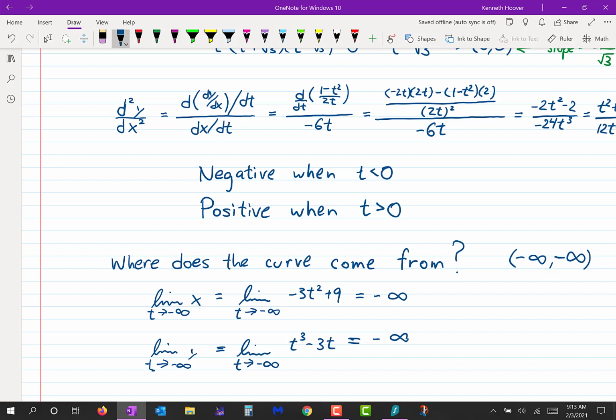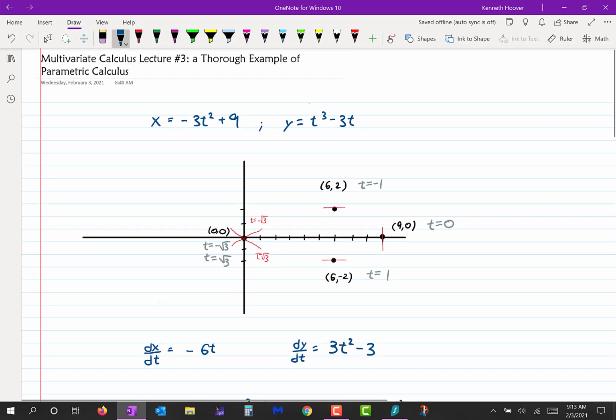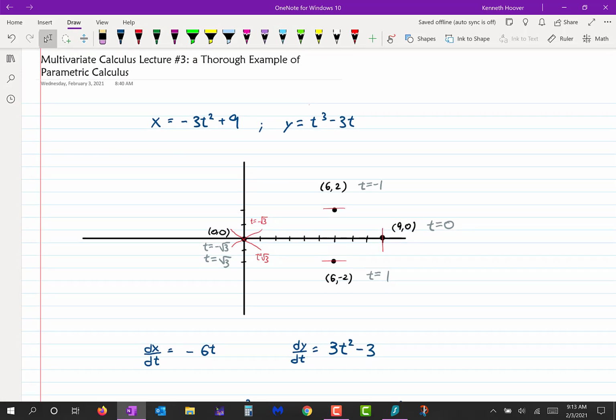But my point is this. Let's look back at the picture. Look at the values of t that we have written down so far. I have written down a point when t is -3, a point when t is -1, a point when t is 0, a point when t is 1, and then a point when t is +3. In this order.